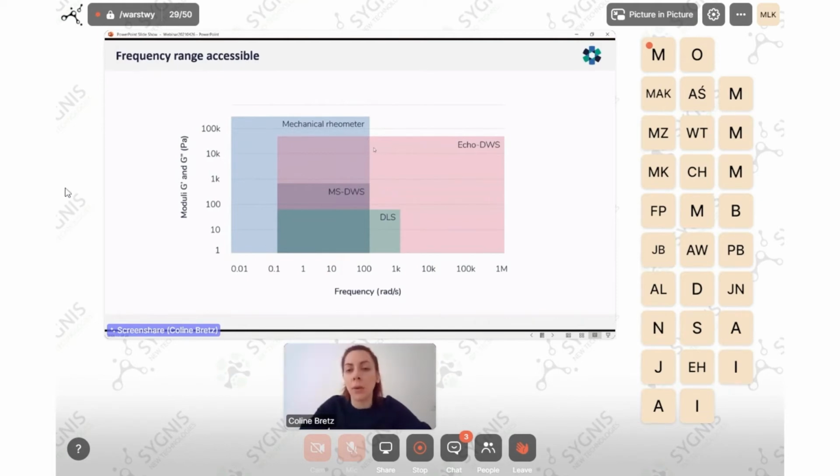In the ECODWS implementation, we can measure at very, very high frequencies and on a very comparable moduli range as in a mechanical rheometer. This provides a way to probe higher frequencies in rheology, which is especially useful when one wants to characterize, for example, the jettability of inks or the behavior of surfactants at these relevant concentrations and frequencies.